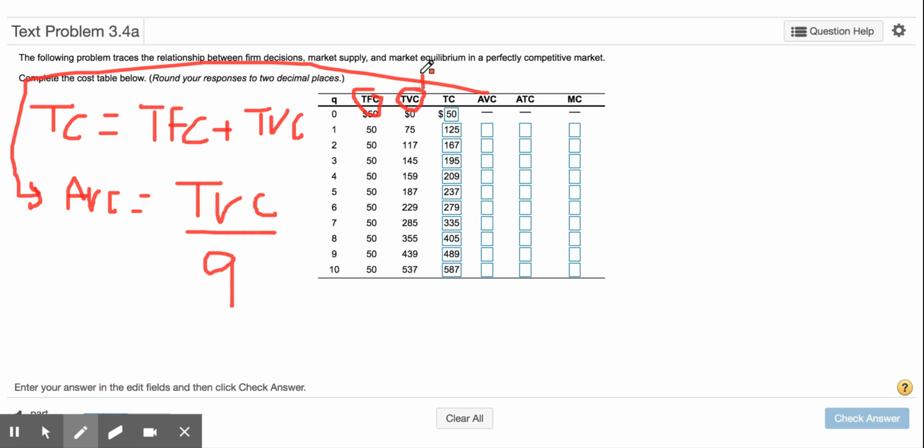Always average divided by quantity of output. So 75 divided by 1 is 75.